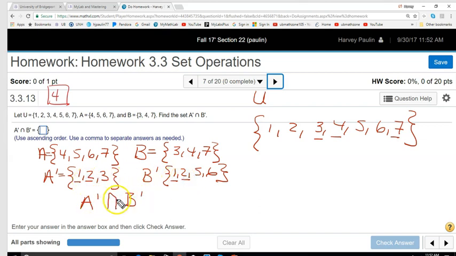So the answer for this would be, in roster notation, 1, 2, and that is the protocol to get it. Now, this one was challenging, but again, it's showing the step-by-step following of procedure to come up with a specific answer.